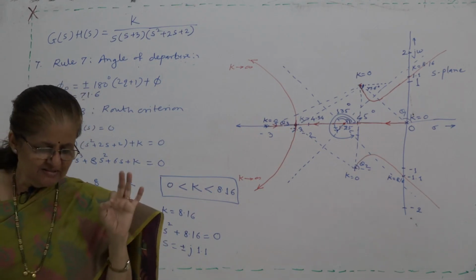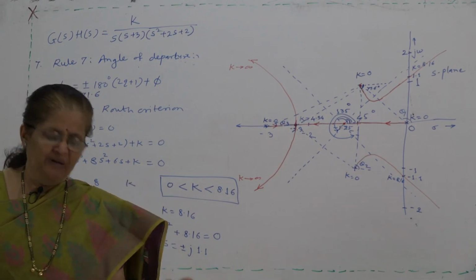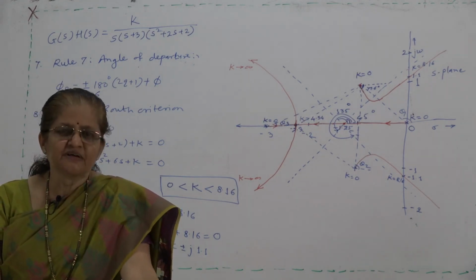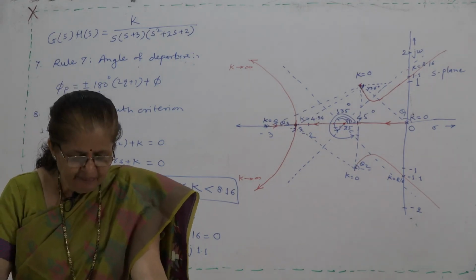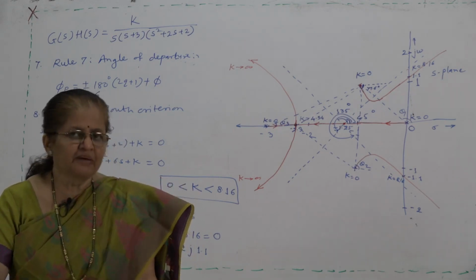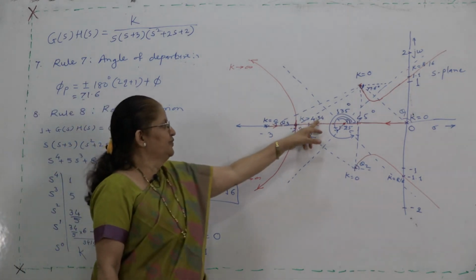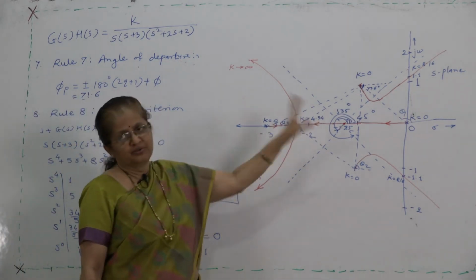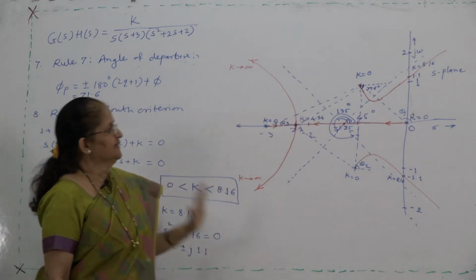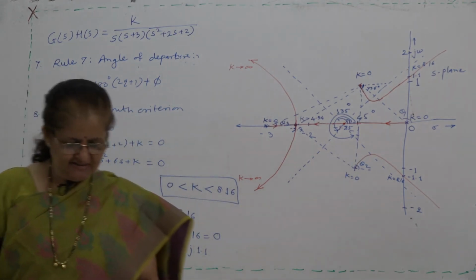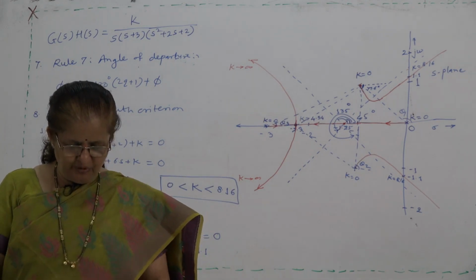Meaning, suppose the gain is known. Here we have k is 0, here k is 4.54. So, suppose k is 8, somewhere here you will get. In that way you can decide at a particular value of k where the root will lie. Some trial and error method is required. If it is between 4.4 and 0, you will get somewhere here.